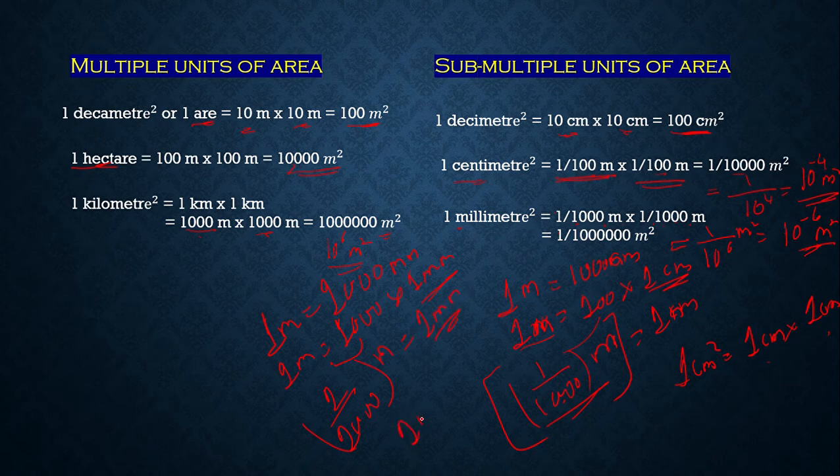So 1 millimeter square is nothing but 1 millimeter into 1 millimeter. 1 millimeter is how much? 1 upon 1000 meter. So you substitute that, 1 upon 1000 meter, and again 1 millimeter is 1 upon 1000. After that it comes to 10 to the power 6. Alright.